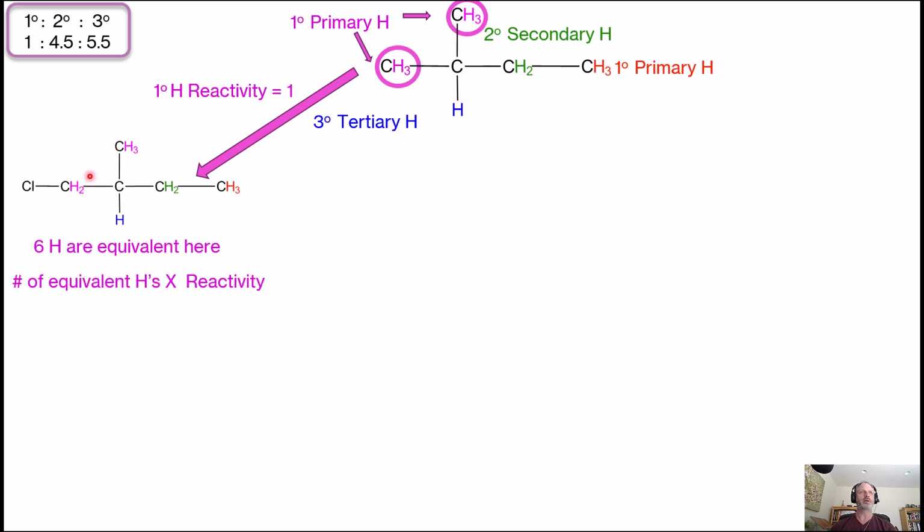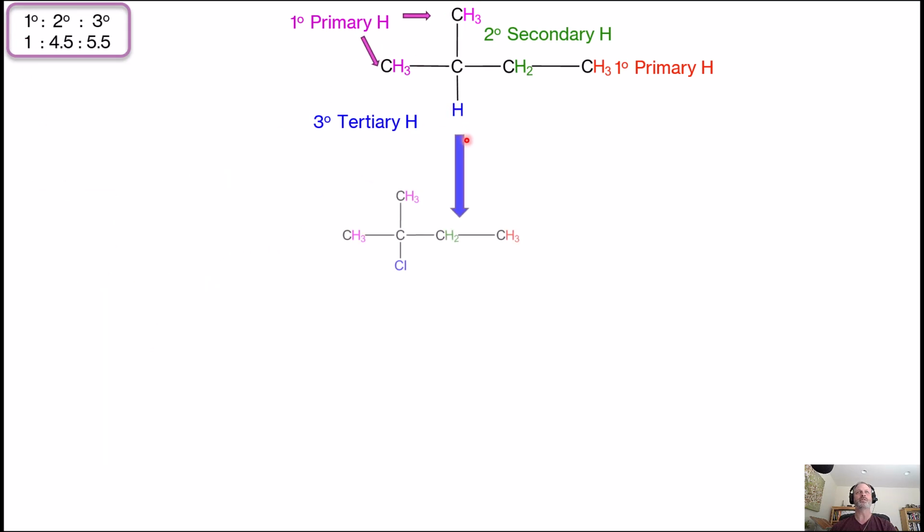Now, the way that we're going to figure out the product ratios, we're going to take the number of equivalent H's and multiply it by the reactivity factor up here. Because we're primary right here, it's going to be 6 H's times 1, because primary is 1. So it gives us a total of 6 here.